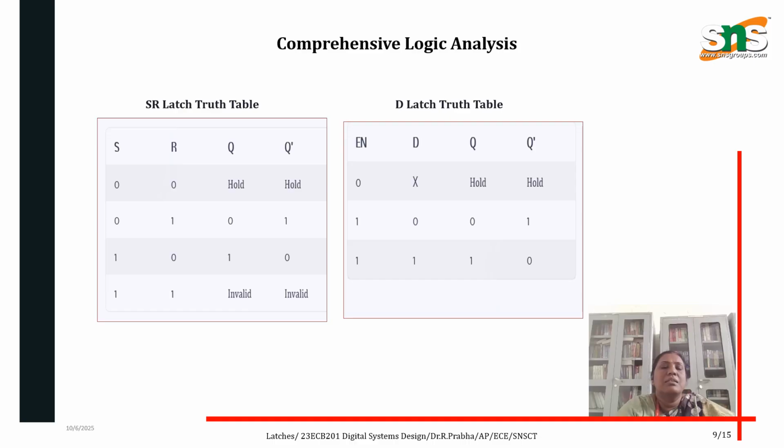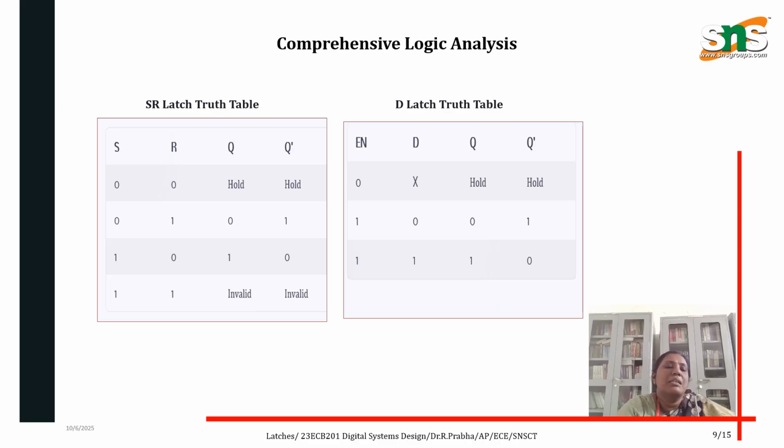And these are the truth tables of SR latch and D latch. When both inputs are 0, 0, Q is hold and Q bar is also hold. It means S and R are 0, then it acts as a memory element. When set is 0, output Q is 0. When set is 1, output Q is 1.